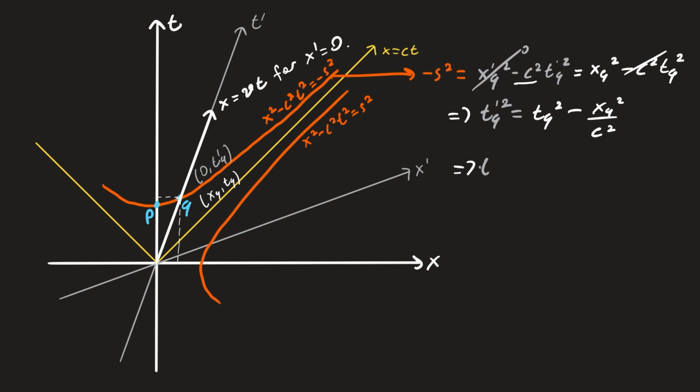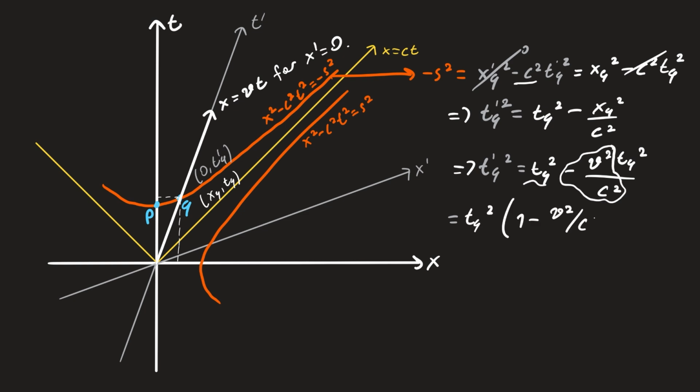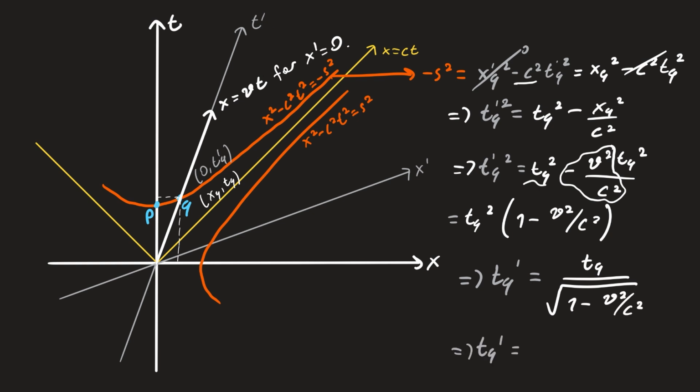So if we go ahead and plug in that xq squared is equal to v squared tq squared, we'll be able to factor the tq squareds and already see that gamma squared emerge right in that parenthesis again. So in the end, in just a few lines of algebra, we get that tq prime is equal to tq over square root 1 minus v squared over c squared. So tq prime is equal to gamma tq.